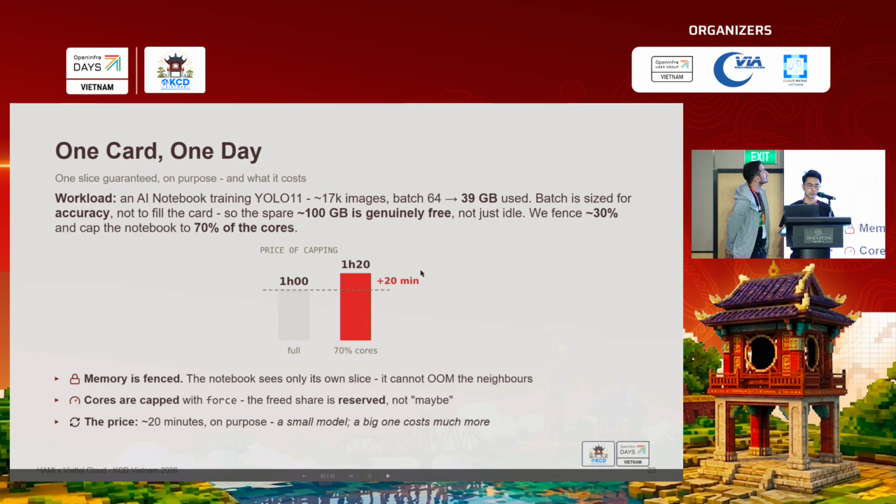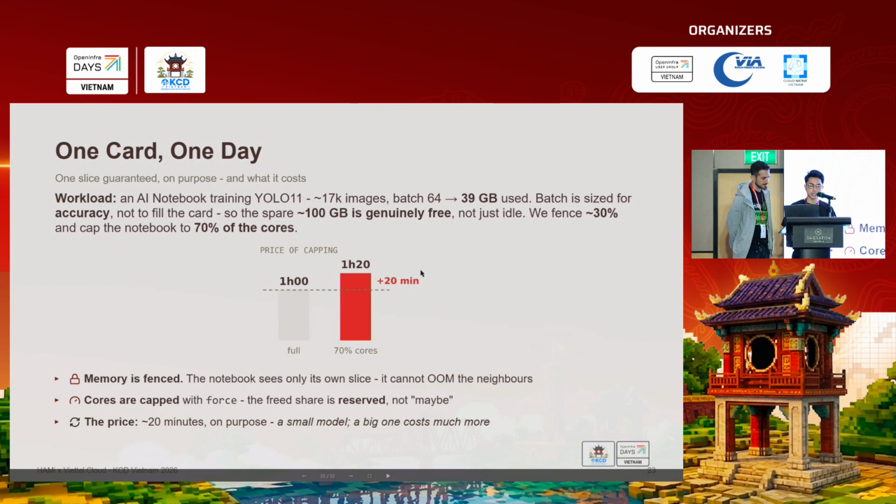And one day we proved that we have a workload with AI training. The second job that we use for training is YOLO 11, with a lot of images and a batch size of 64. That's why only 39 gigabytes of RAM is used.